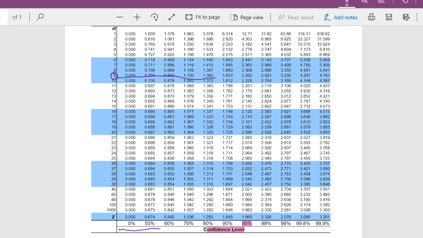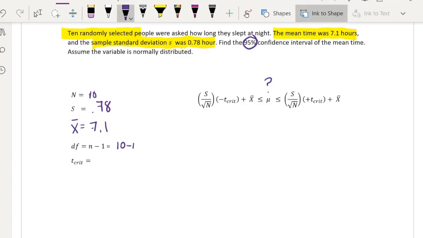So I'm going to go this way. Oh, wow, my pulse is not great, but I'm pretty sure you know that. There it is. That's my t-critical. So my t-critical is 2.262. Cool. Remember, on this side it's going to be negative, and on this side it's going to be positive. So I'm going to start plugging in things.